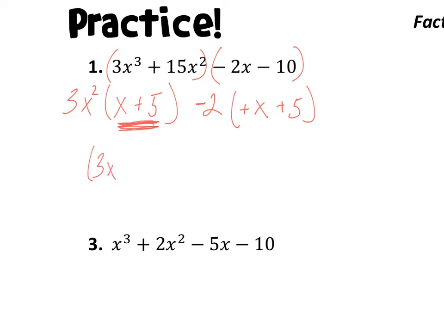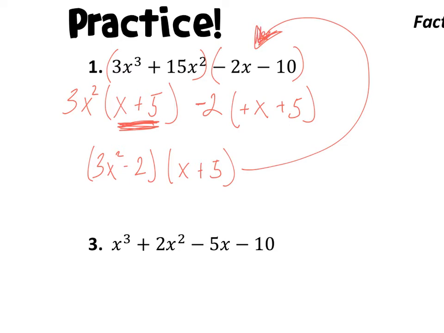My first binomial will be our greatest common factors, 3x squared minus 2. And then the other one is just the same duplicated binomial, x plus 5. Again, FOIL it if you want to, but it will absolutely turn itself right back into this polynomial with 4 terms.